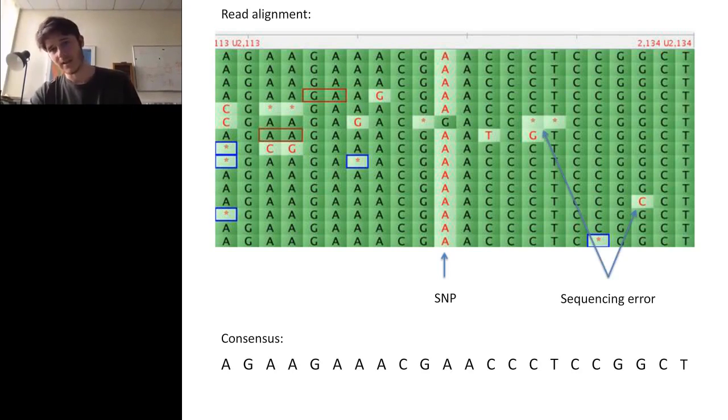In this case it's quite easy to see that it's a real SNP because it's supported by the majority of reads. But in certain circumstances, it's very important to use the raw data to improve the accuracy of these calls.